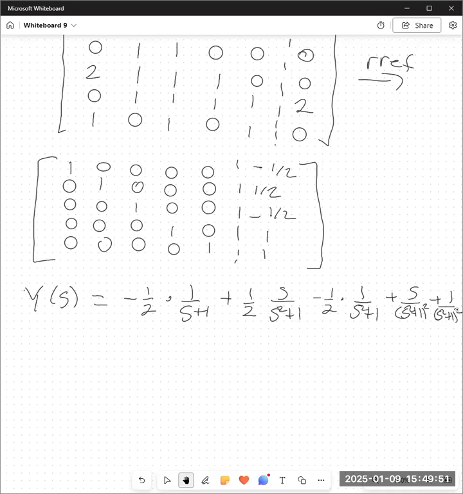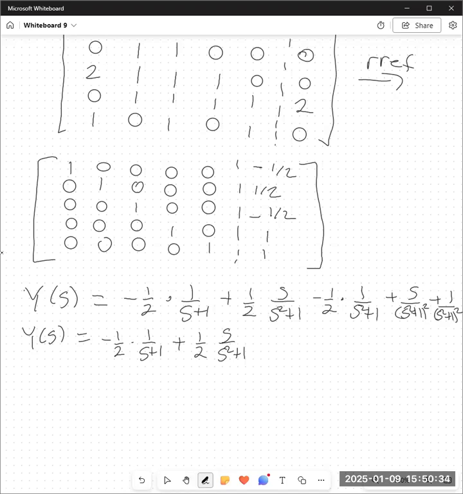So my y of s is equal to my negative 1/2, 1 over s plus 1, that term is fine, plus 1/2 s over s squared plus 1, that term is fine. But now I need to get this term that has the s in it to be able to combine with this term over here.